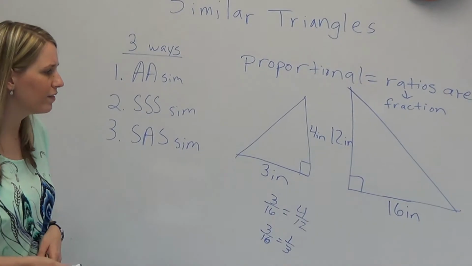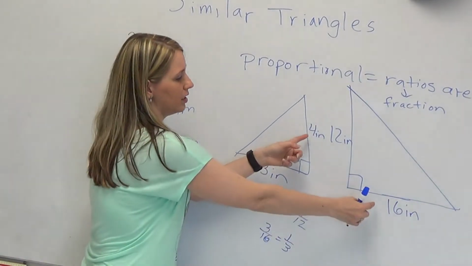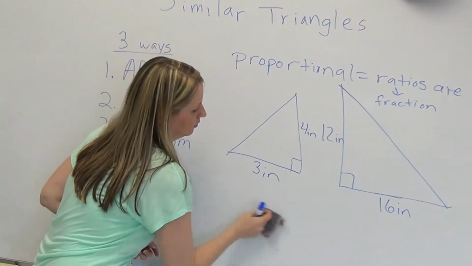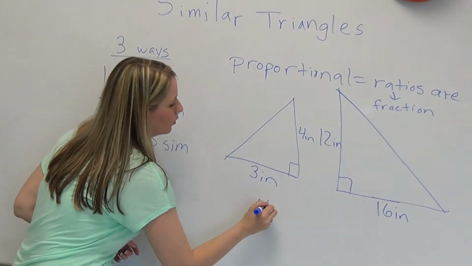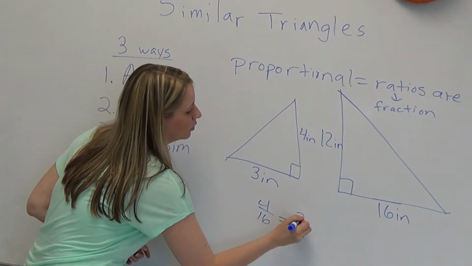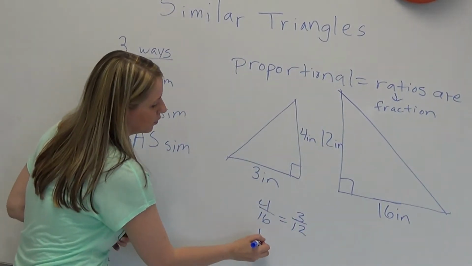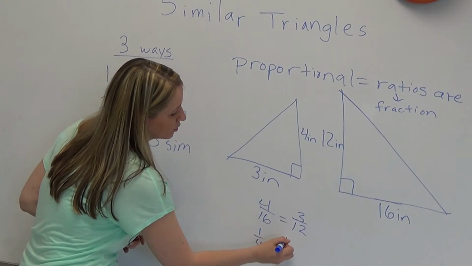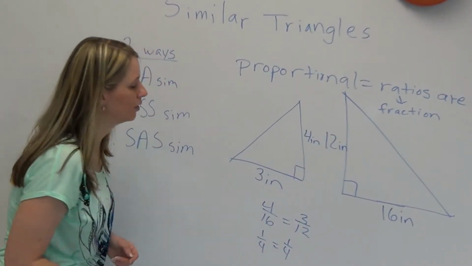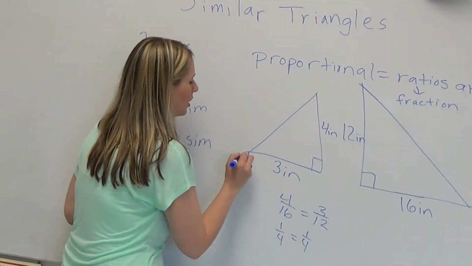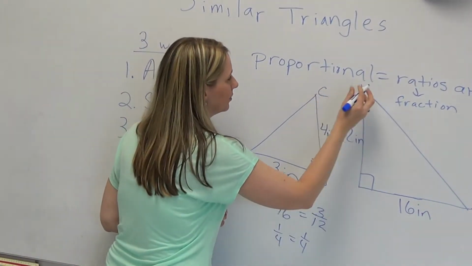But what if I think that maybe these two go together and these two go together? If you do 4 over 16, is that equal to 3 over 12? 4 over 16 is 1/4. 3 over 12 is 1/4. And yes, but the difference is how you write your similarity statement.